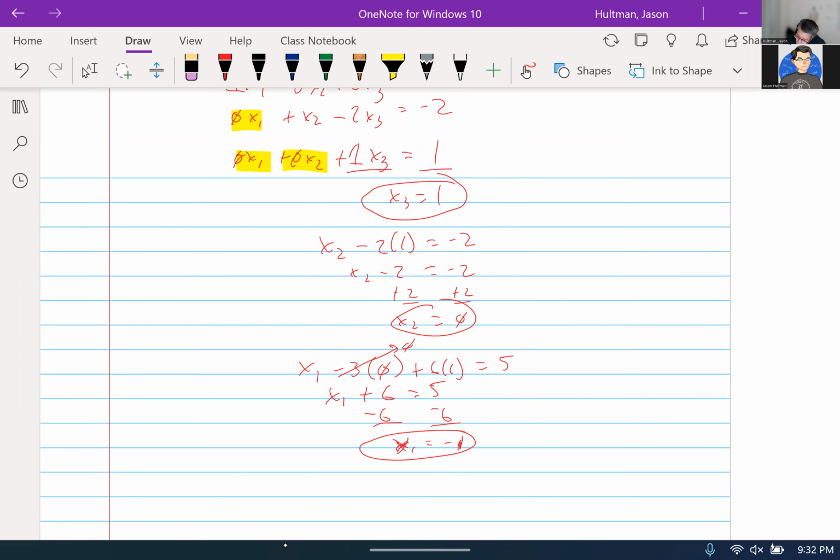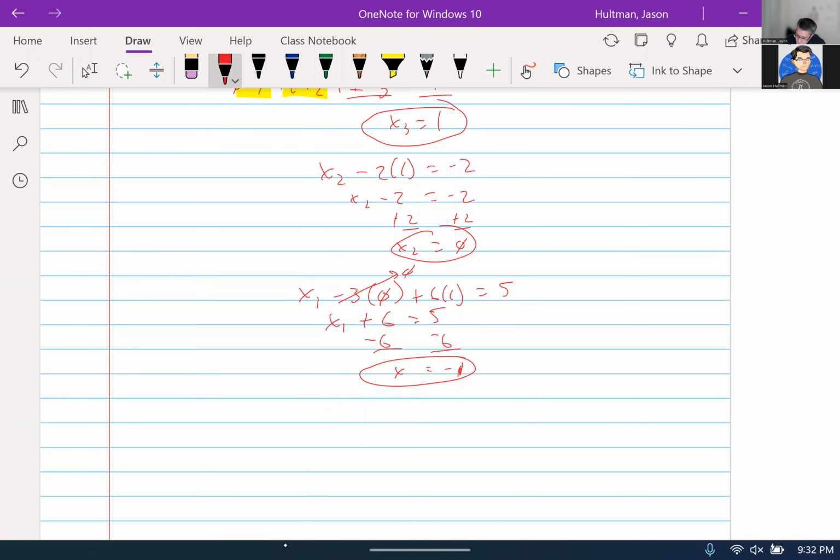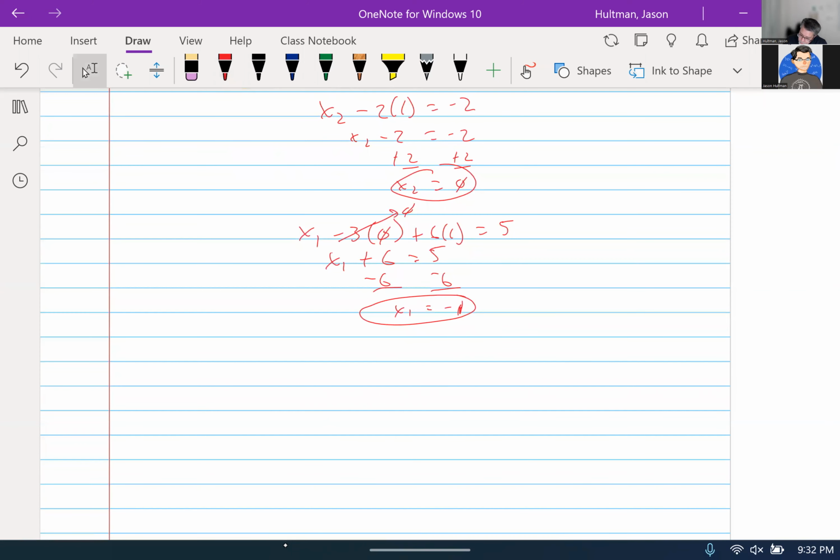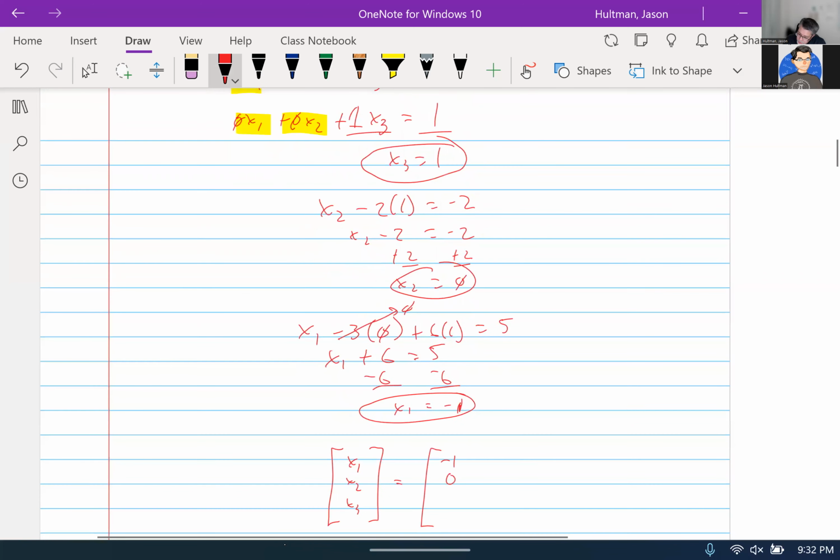Okay, now our solution we're going to write as a solution vector. So if we were to write it as a column vector, remember we could write it like x1, x2, x3. Then in matrix form, x1 was -1, x2 is 0, and x3 is 1.